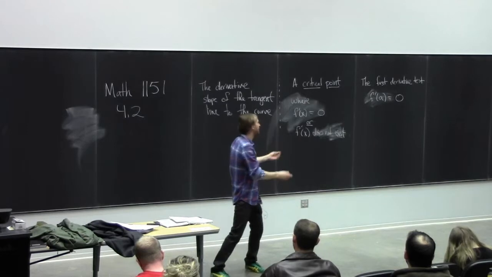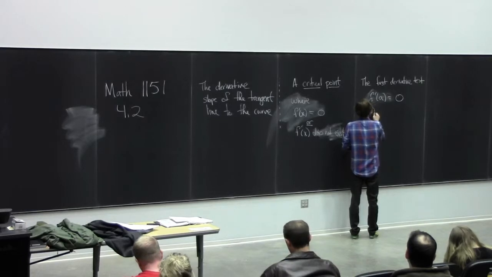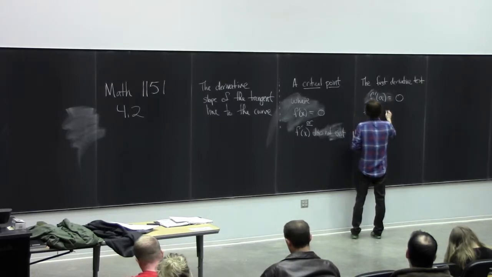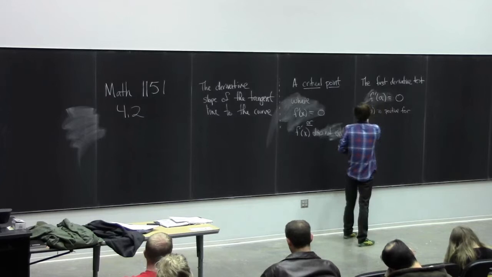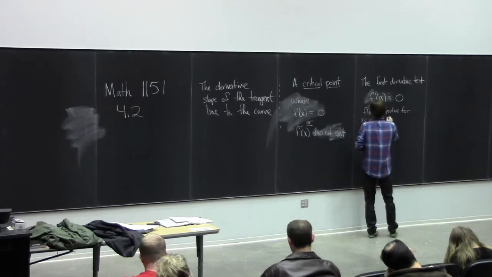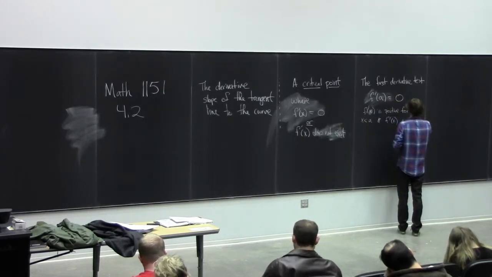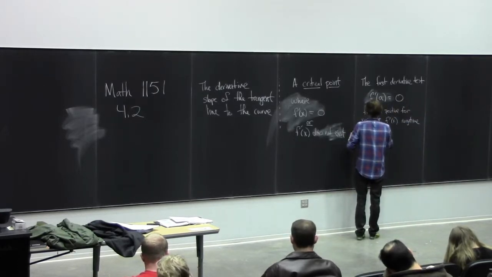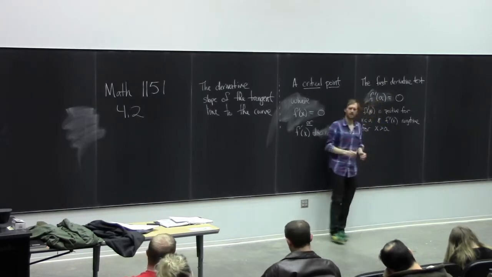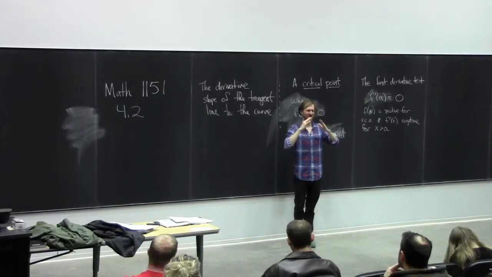It says that if f prime of x is positive for x less than a, and f prime of x is negative for x greater than a, what does that tell you about the point at f of x equals a?